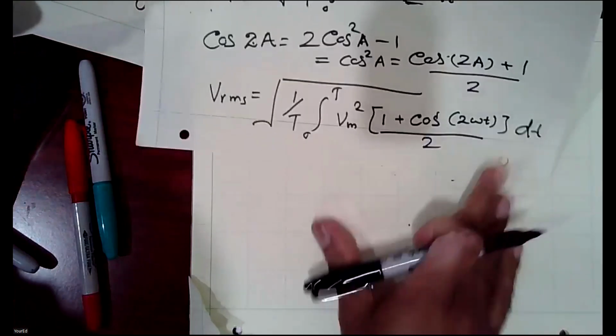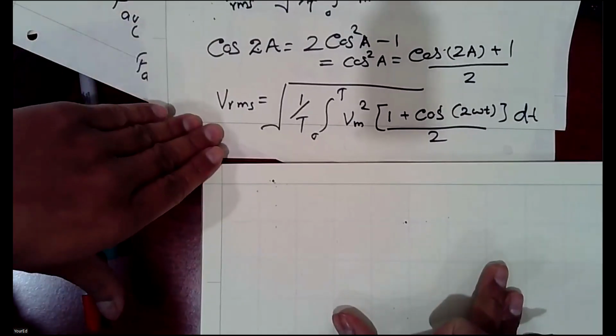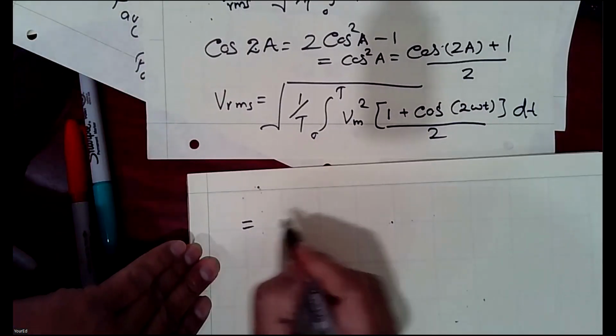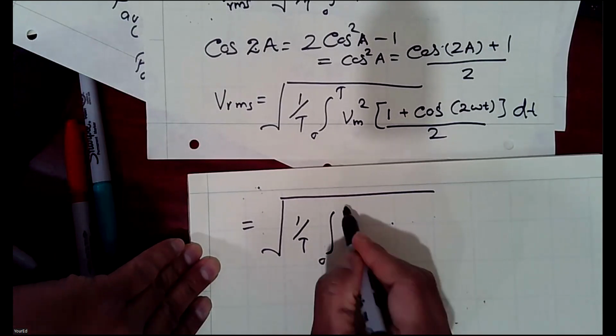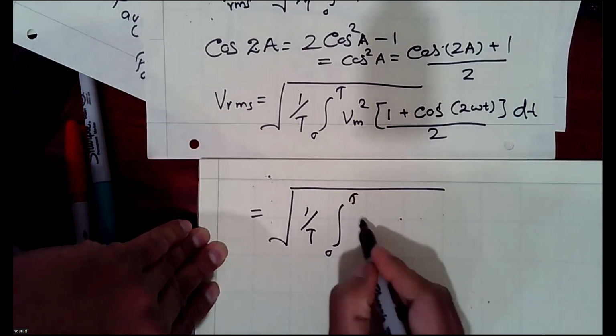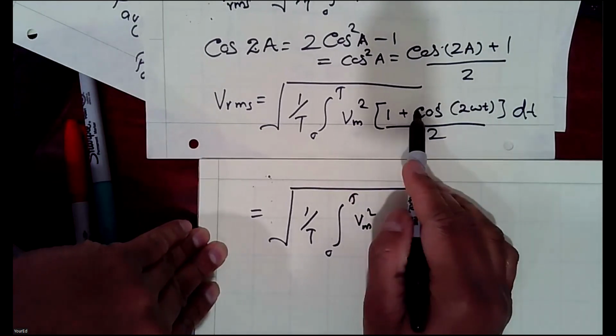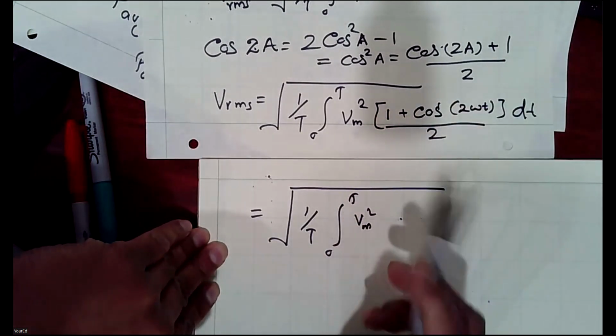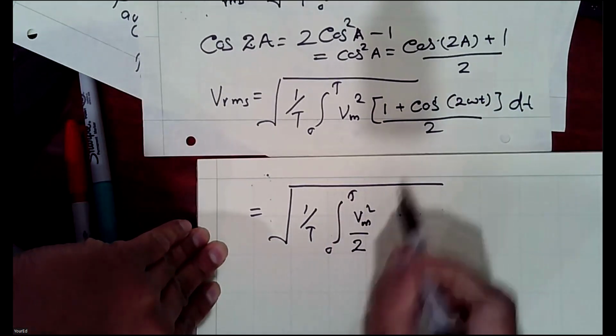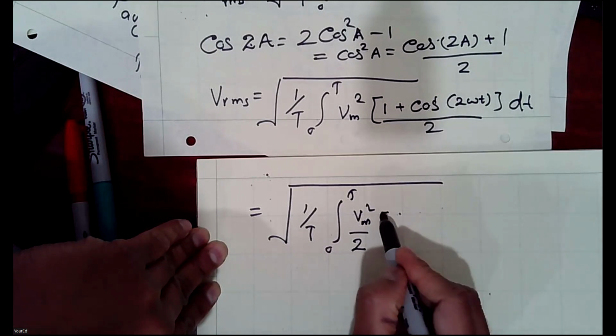So how do you simplify this further? Now I can integrate this. Because it is a summation, you can integrate the two functions separately, one by one. Vm squared over 2, when you integrate with dt, you get t.